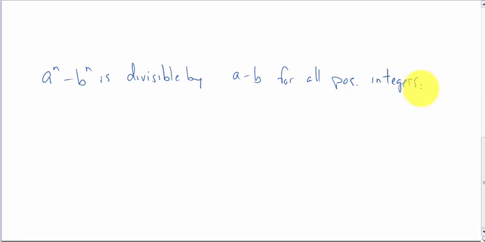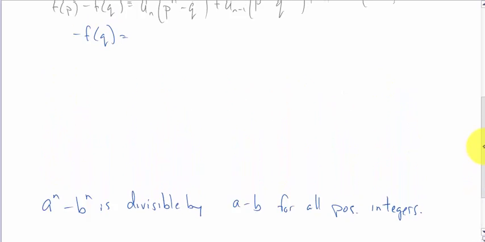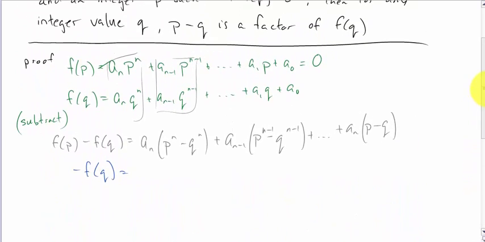So that's something, if you're curious, go ahead and give it a try, prove that. But that's something that is provable and known to be true. So every single one of these terms has a factor of p minus q.